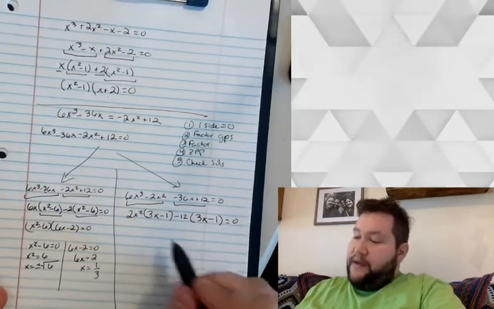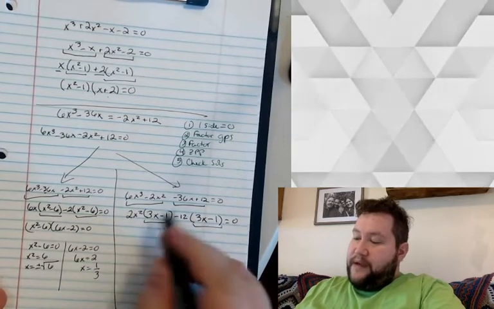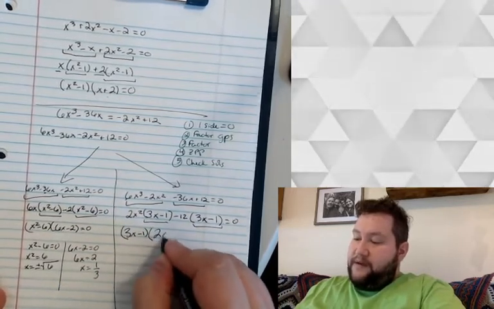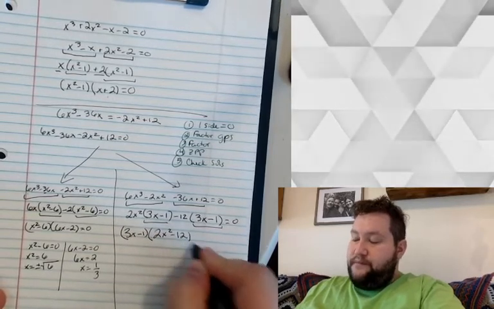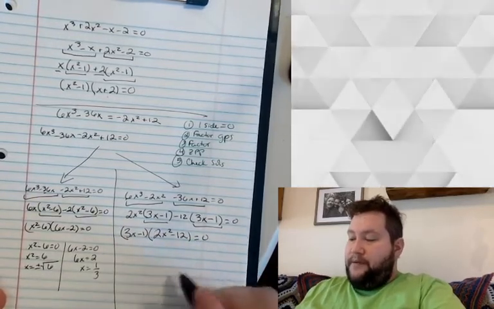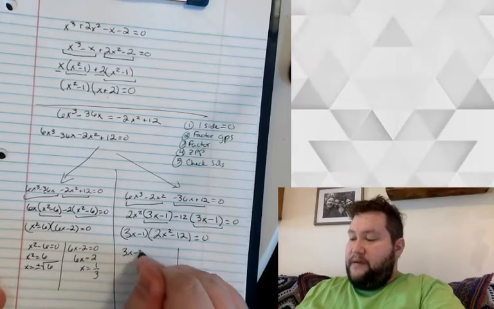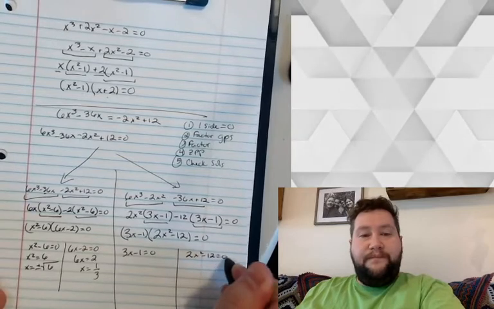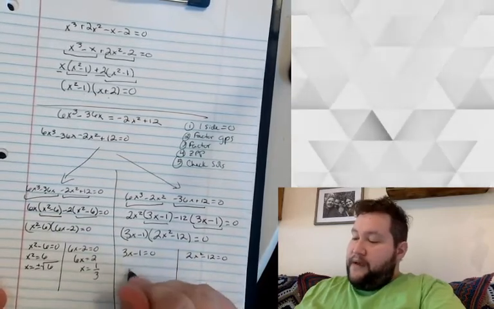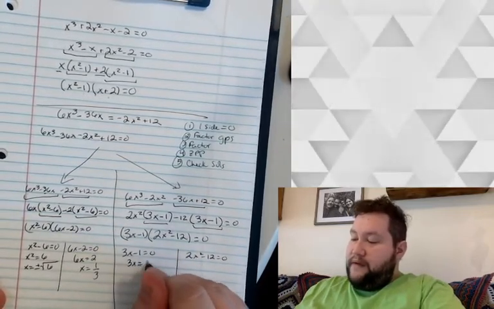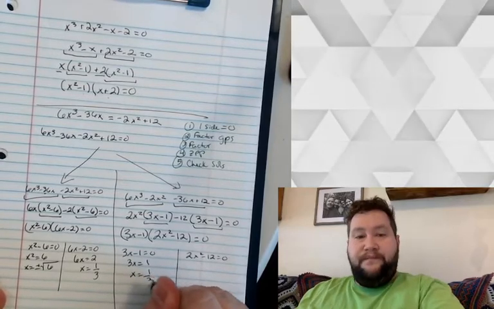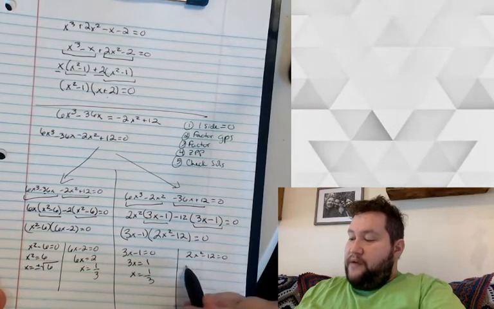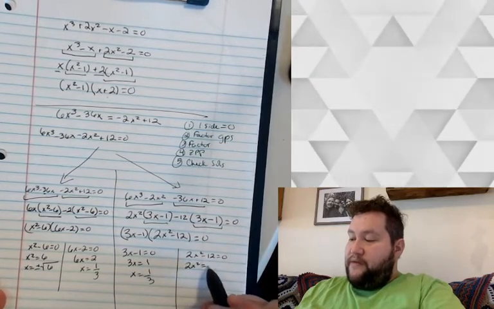And so now we have a 3x minus 1 common to both, and we have a 2x squared minus 12 left. Zero product principle: 3x minus 1 equals 0, or 2x squared minus 12 equals 0. Here we have 3x equals 1, or x equals 1/3. And then on the other side we have 2x squared equal to positive 12.